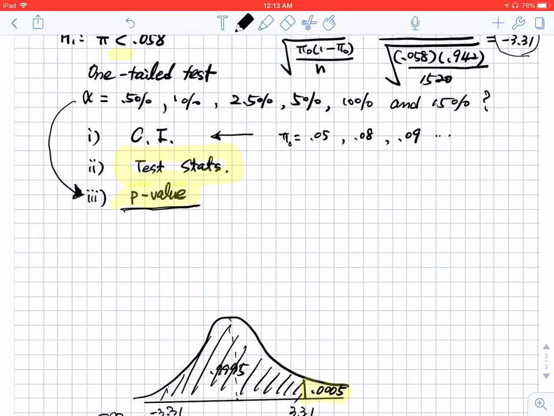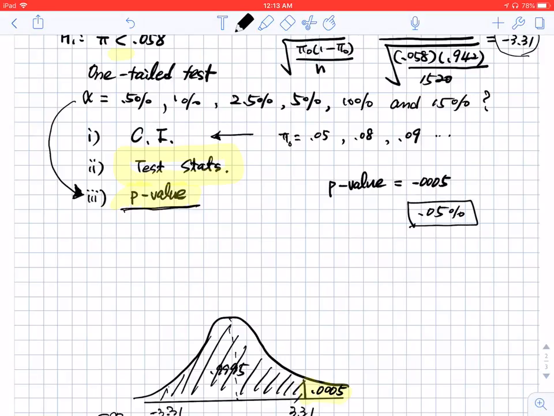So from that, the p-value is equal to 0.0005. Another way to write it is 0.05%. So this value is very small and very significant.